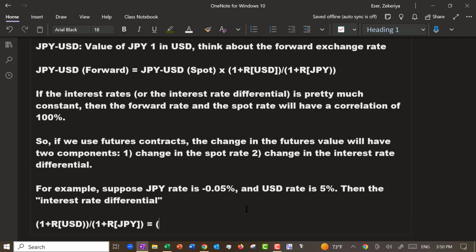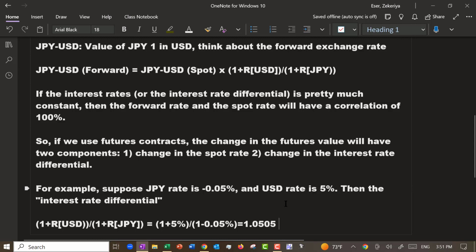So in this case, it's going to be 1 plus 5% divided by 1 minus 0.05%. Technically speaking, the differential is 5.05%, but that's kind of the multiplier.